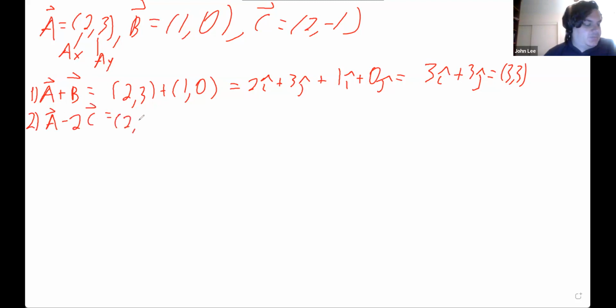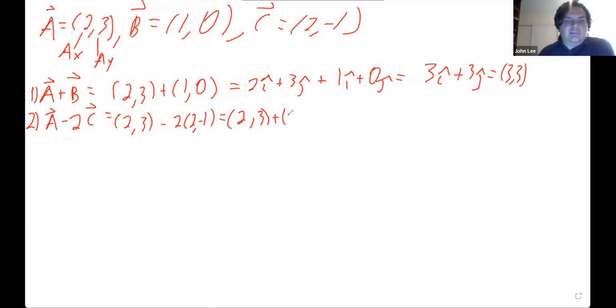A minus 2C equals 2, 3 minus 2 times 2, -1, which is going to be equal to 2, 3 plus -2 times 2, comma, -1 times -2, because I'm just distributing this -2 here into the x and y components of C.